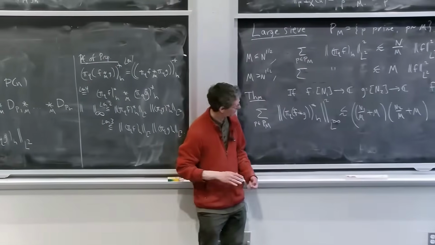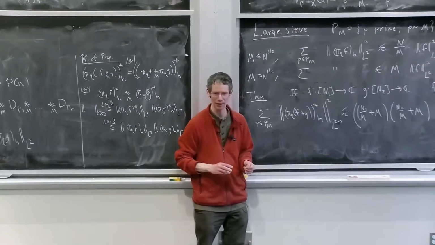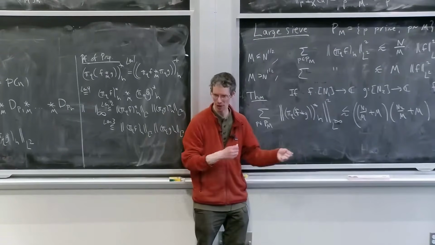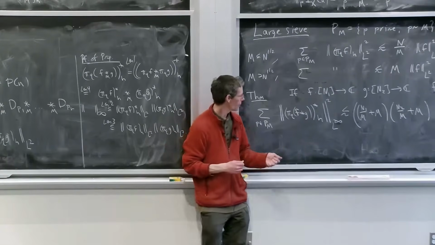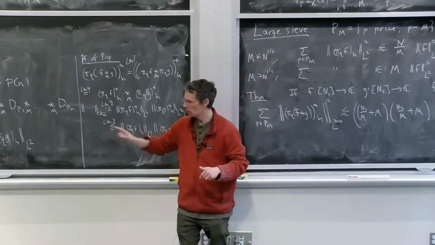So one thing that I find a little difficult about the proof, or teaching the proof, is that the formulas are a little bit complicated. But the idea is to just combine the large sieve and this proposition.